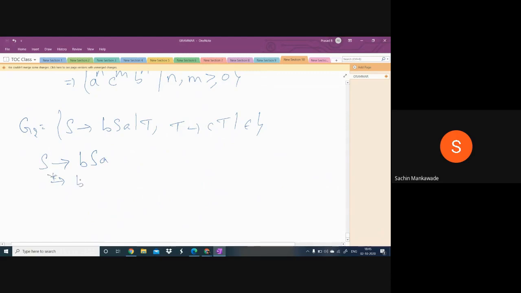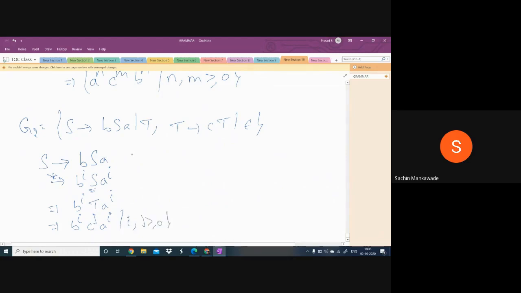So the number of B's and A's will be equal: B power I, S, A power I. To eliminate S, you must come to T, and through T you get epsilon or CT, CT, CT. So B power I, C power J, A power I, where I, J greater than or equal to 0.